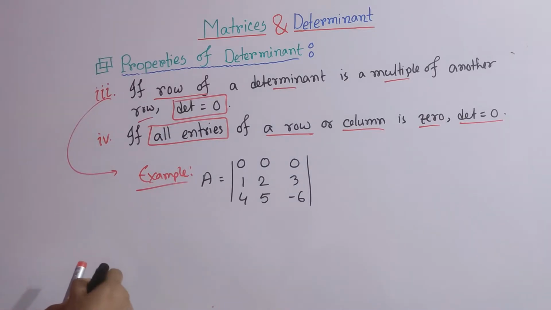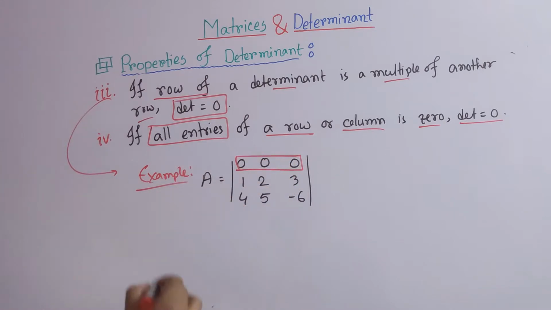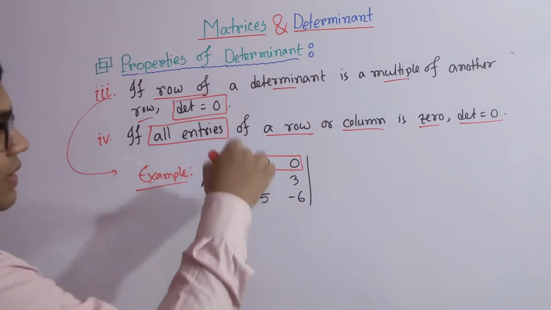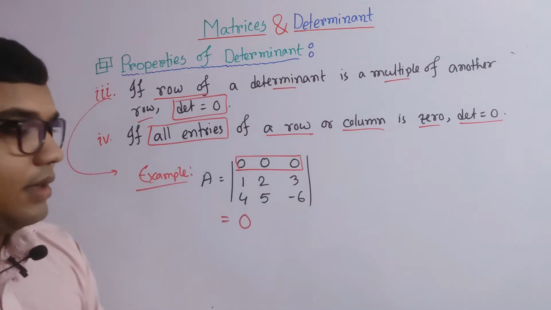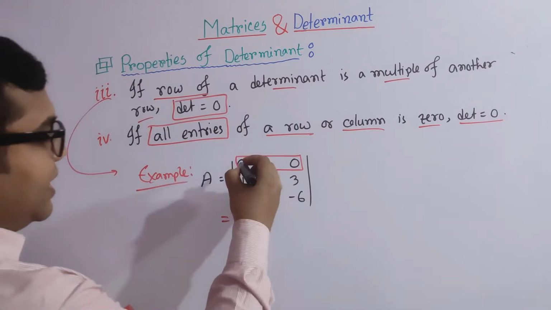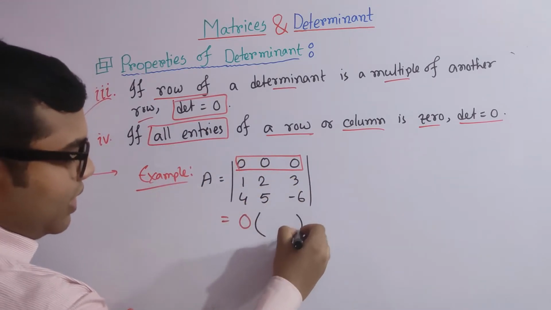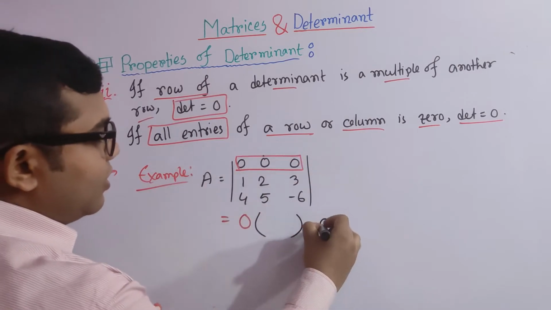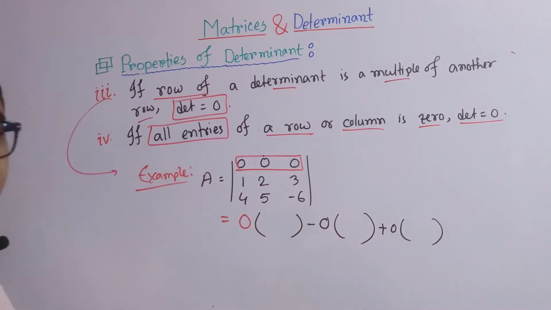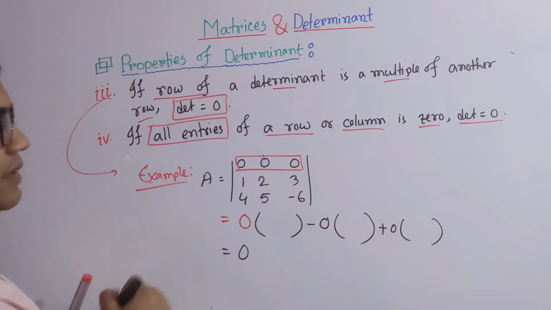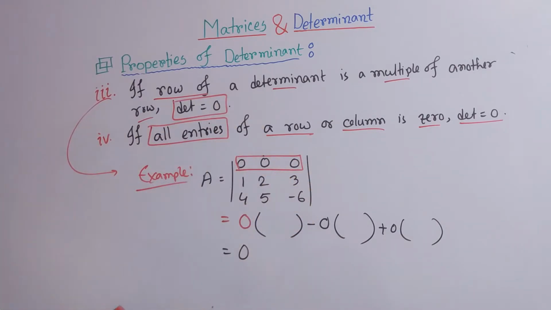If we see that one row is 0, then we can say the determinant is definitely 0, because when we go for the determinant, we start this way. So 0 into 2 into this and this into this, so here it will become something minus 0 multiplied with something, and here again 0 is multiplied with something, but the ultimate result is 0. That's why if one row or one column is 0, then the determinant will be 0.